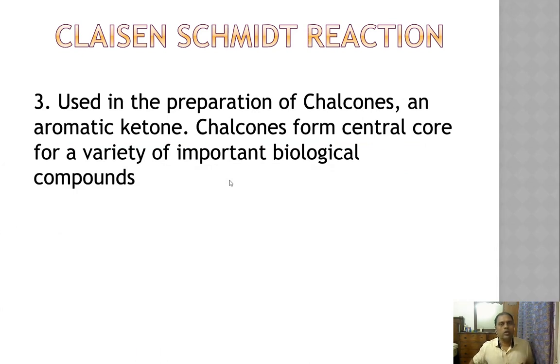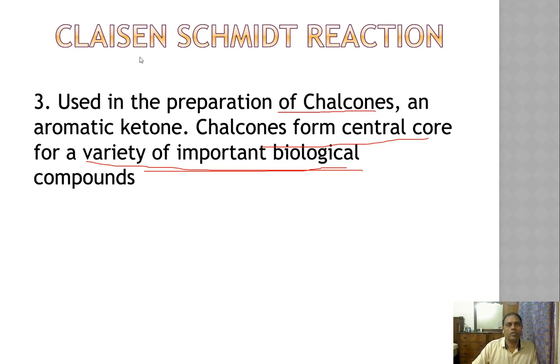So third one, Claisen-Schmidt reaction used in the preparation of chalcones. So what are chalcones? These chalcone rings can be seen in biological compounds. Chalcones form the central core of a variety of important biological compounds, and this chalcone is prepared from this Claisen-Schmidt reaction.